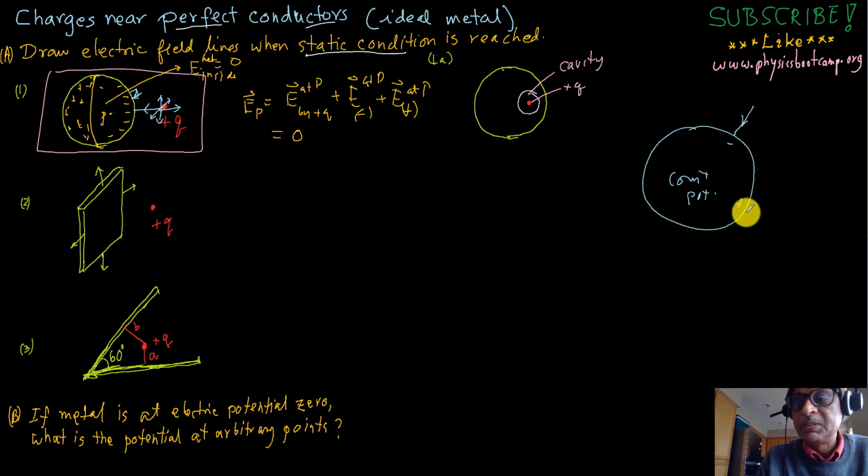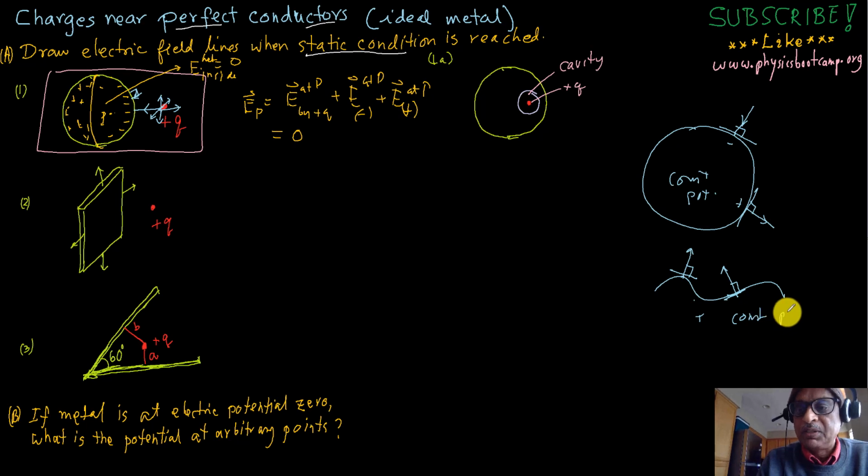If somewhere is positive, electric field lines will be 90 degrees to the surface. If the metal was like that, and this is positive, the electric field line will come out over here, and over here is going to come out that way. Always 90 degrees to a constant potential surface.